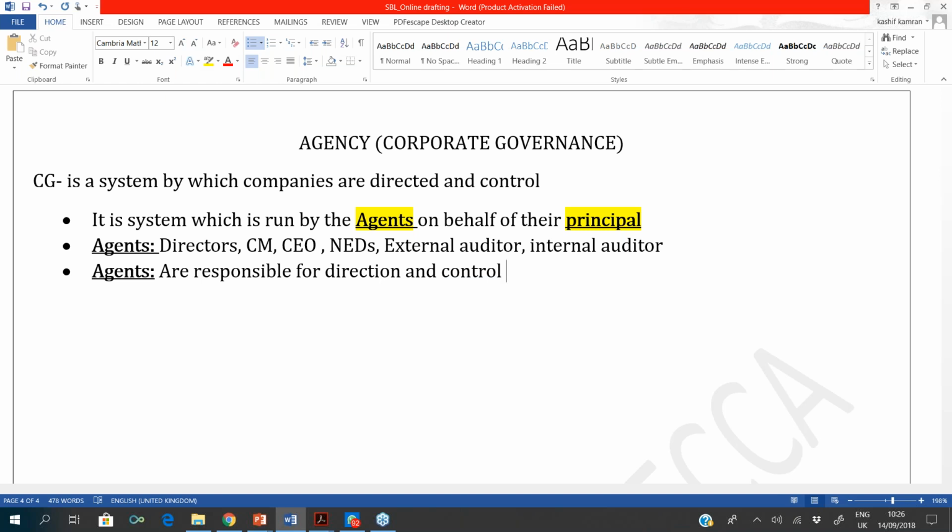The agents are responsible for direction, where we are, where we want to be. They're responsible for setting goals. They're responsible for setting the strategies. And they're responsible for controls. They're responsible for check and balance. They're responsible for monitoring.